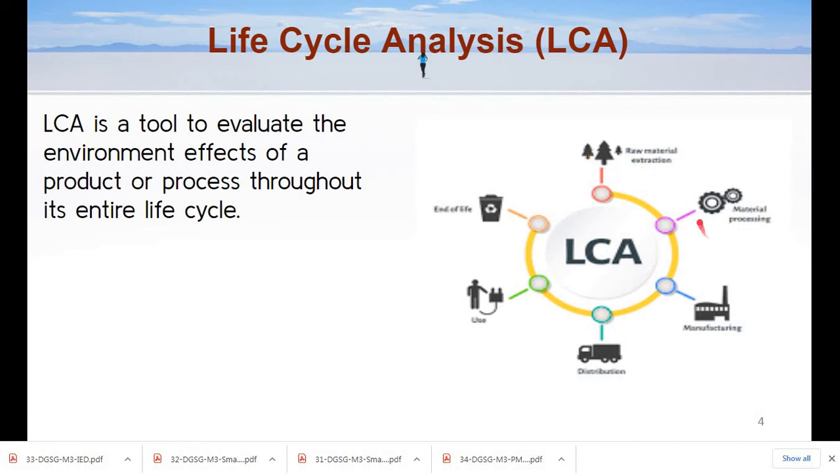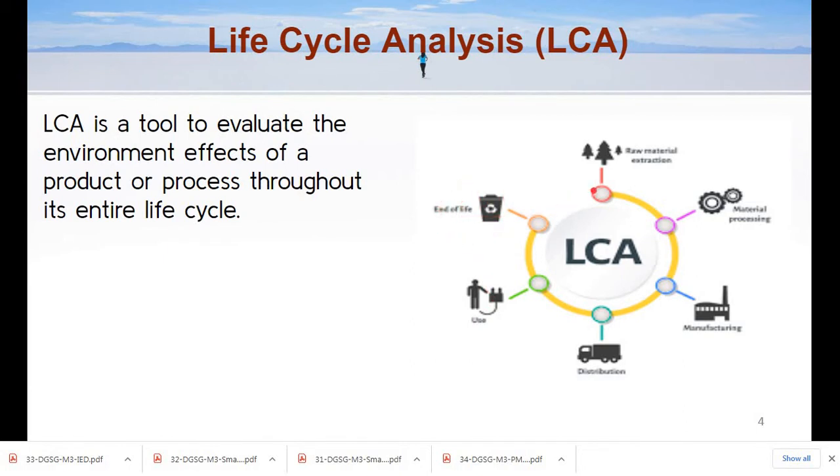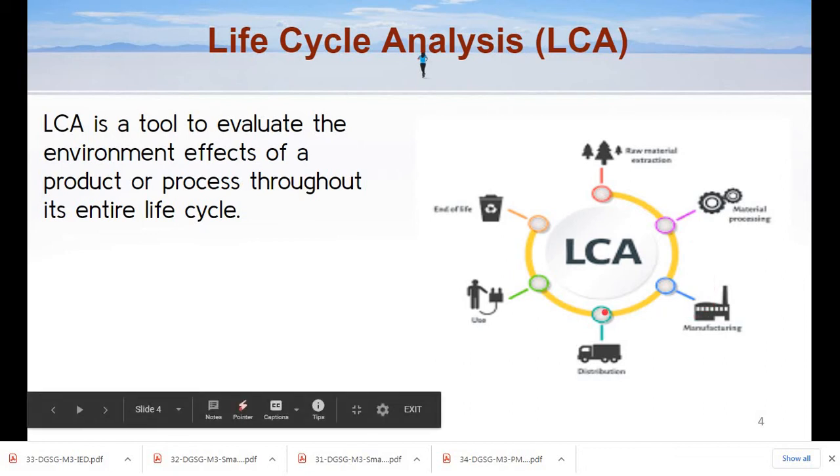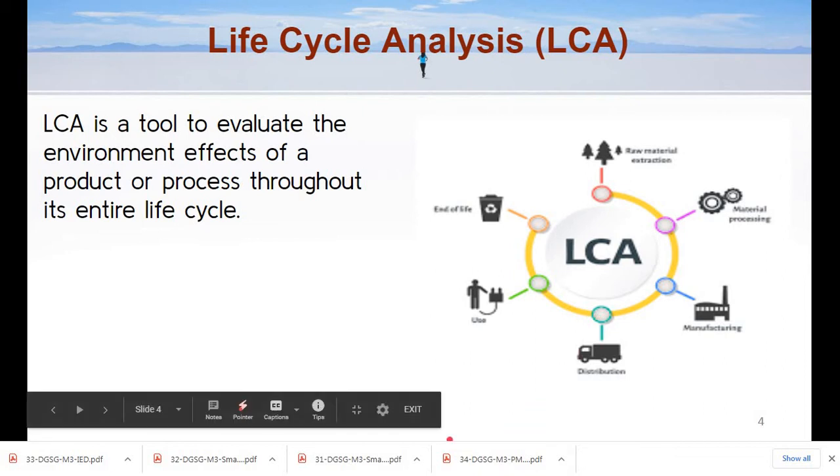Then the material processing, manufacturing, distribution or transportation, and usage by the consumer, and this is the end of the life. So at each and every stage we have to evaluate the environmental effect, and that is precisely life cycle analysis.